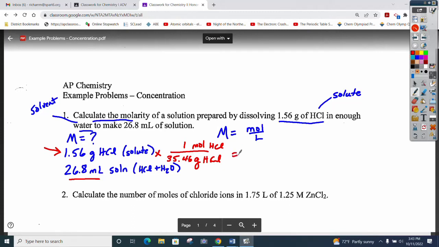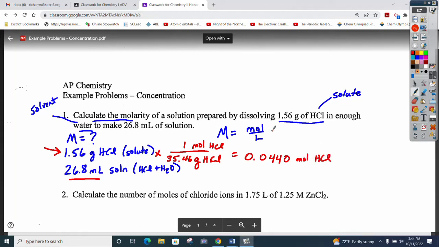Plug and chug into your calculator for me. And I'm going to go to 3 sig figs, 0.4399, which is going to round up to 0.440 moles of HCl.